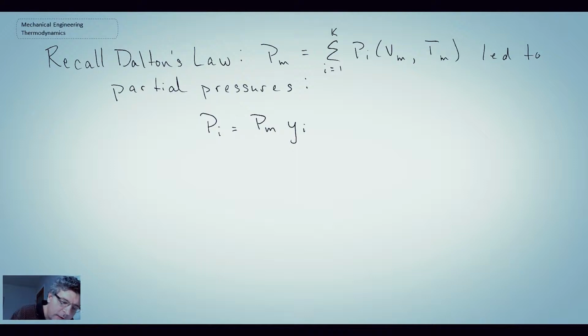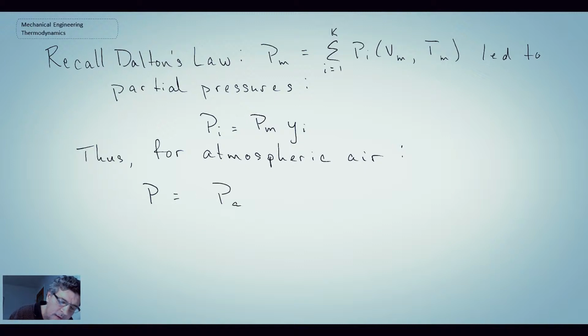So consequently, when looking at atmospheric air, what we can say is that the pressure is going to be the partial pressure due to the air plus the partial pressure due to the water vapor.